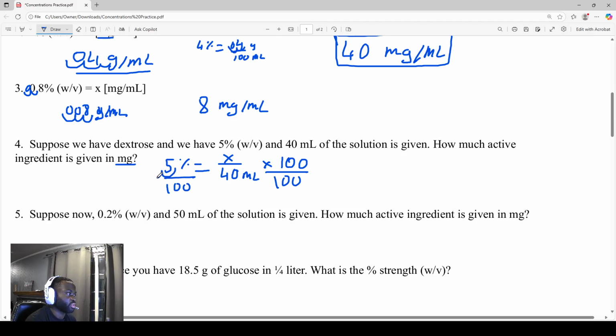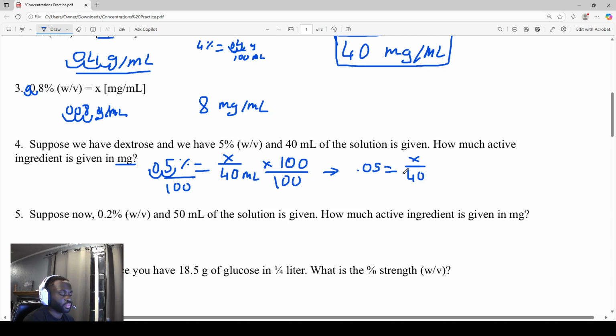And dividing by 100, we just move the decimal place back twice. So it turns our equation into 5/100 equals X over 40. Let me get rid of the units altogether, just to make it a little less clutter in your face.